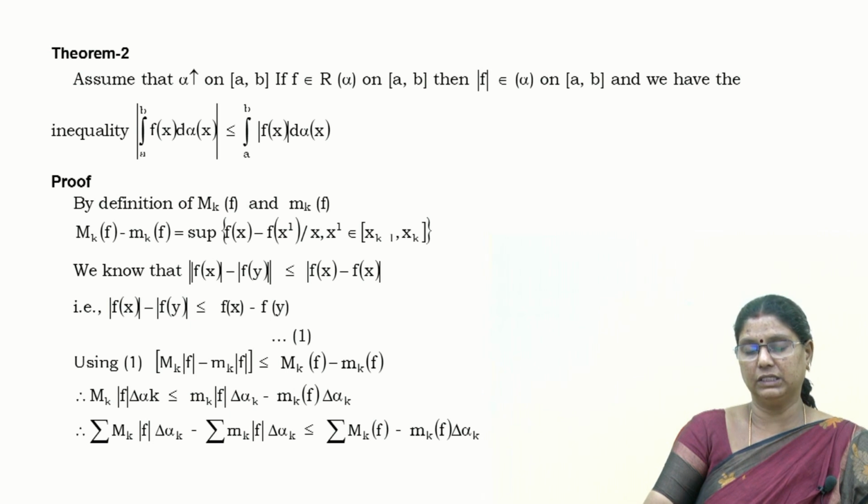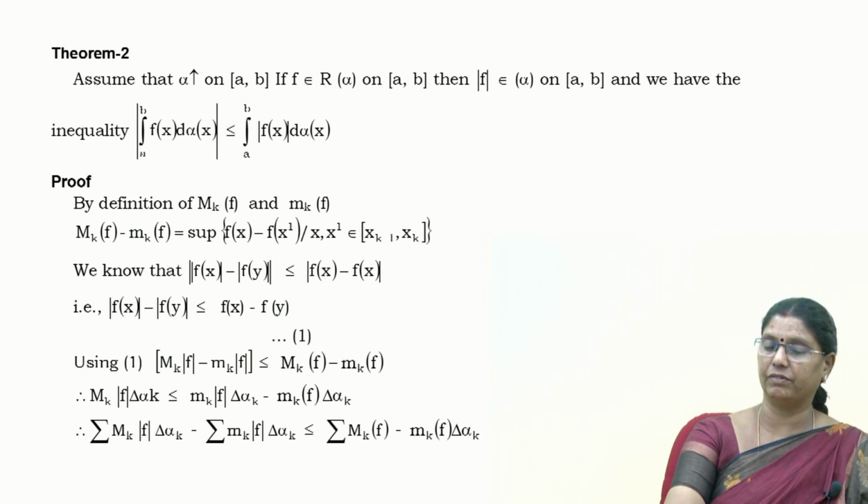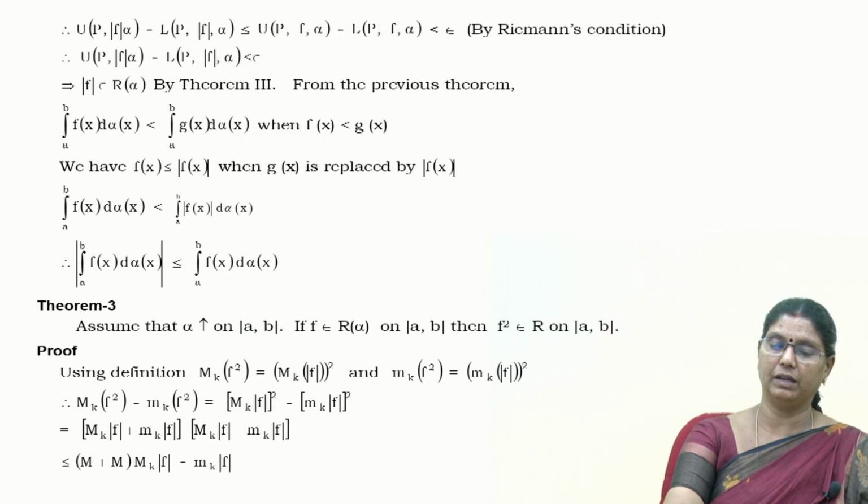Also, we know that modulus of f of x minus f of y is less than or equal to modulus of f of x minus f of y, and hence M_k of modulus of f minus m_k of modulus of f is less than or equal to M_k of f minus m_k of f, and hence we can obtain the sum of M_k of modulus of f minus m_k of modulus of f, times delta alpha_k, is less than or equal to the sum of M_k of f minus m_k of f, times delta alpha_k.